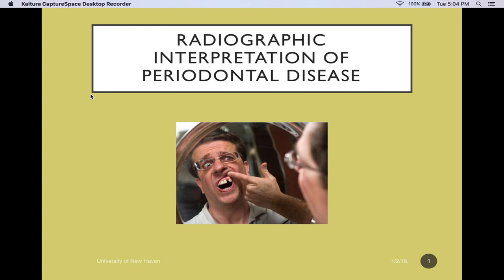When taking radiographs to determine bone loss, a periapical radiograph is the image of choice for evaluating periodontal disease. And if you're looking for caries, a vertical bite wing would be recommended over the horizontal bite wing. When taking a periapical image, a paralleling technique is preferred because sometimes the bisecting technique can actually distort bone loss and make it look like there's less bone loss than there actually is.